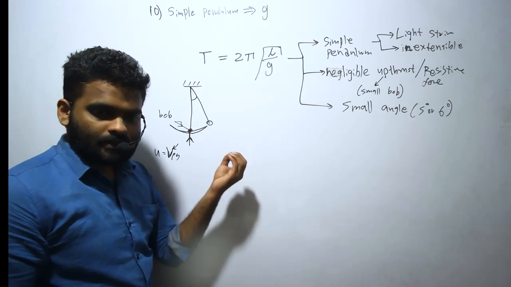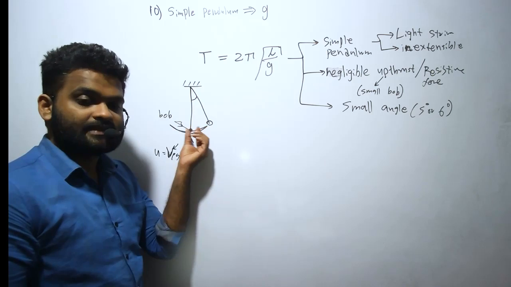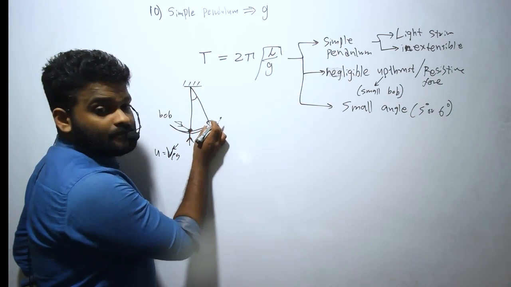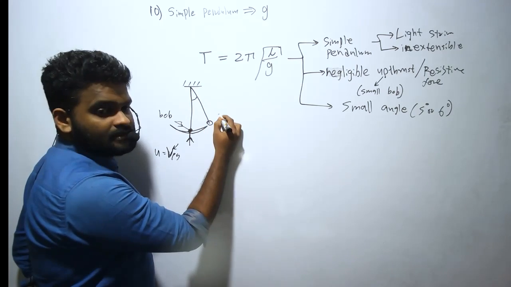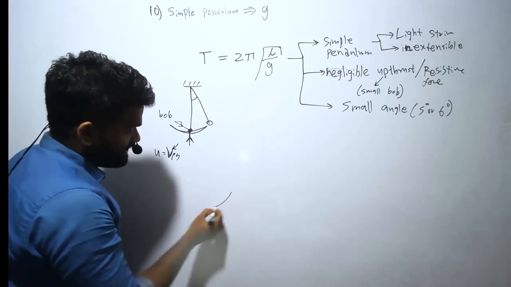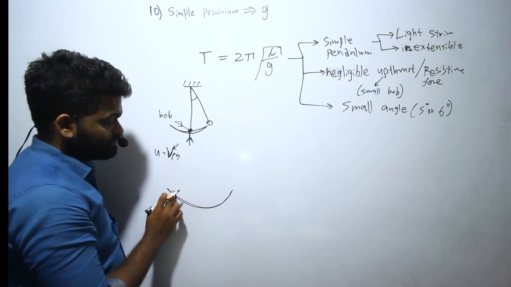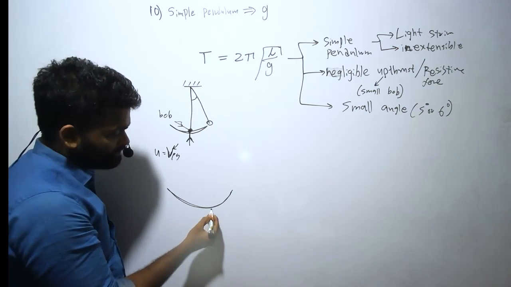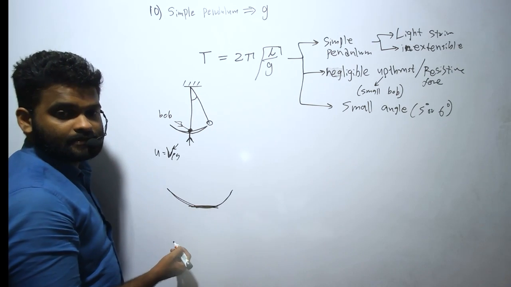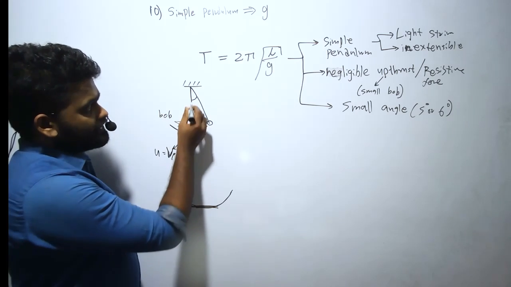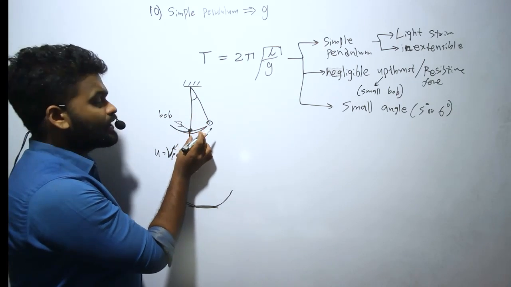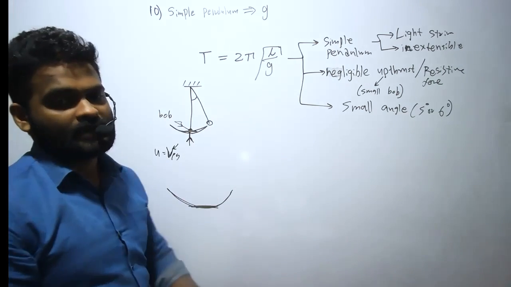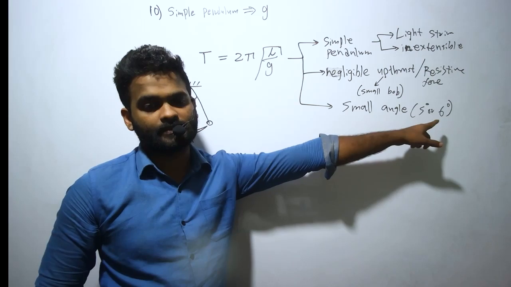We call this a simple pendulum because we consider this to have simple harmonic motion. But if you give this a large initial angle, then the oscillation would be like this, right? So for this type of oscillation, we cannot assume that there's simple harmonic motion. Simple harmonic motion happens like this, in a straight line. Only if this angle is very small can you assume this to be simple harmonic motion. So the angle should be 5 degrees or 6 degrees, right?